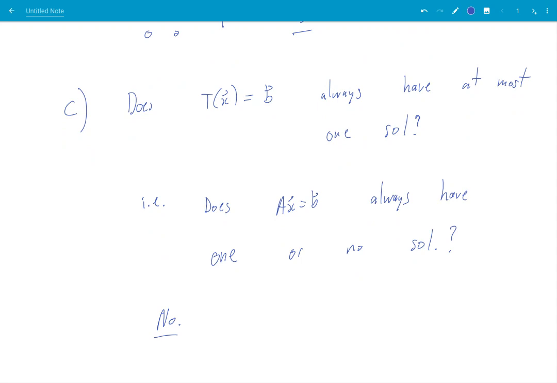No. This, if I were to think about row reducing this, has a free variable. Okay, the third column in the coefficient matrix here is lacking a pivot.